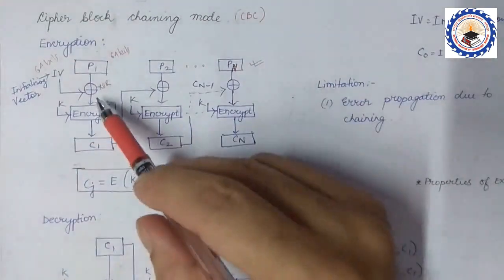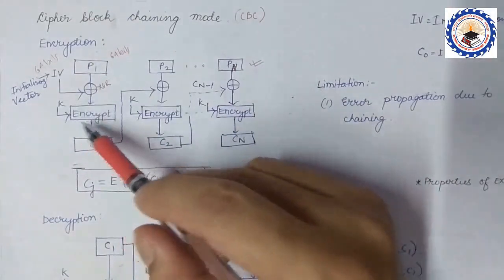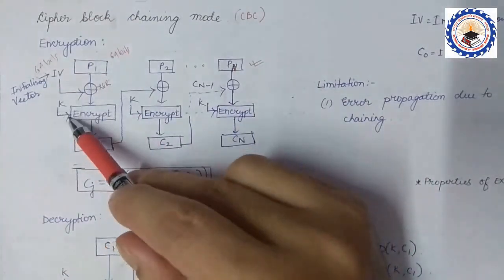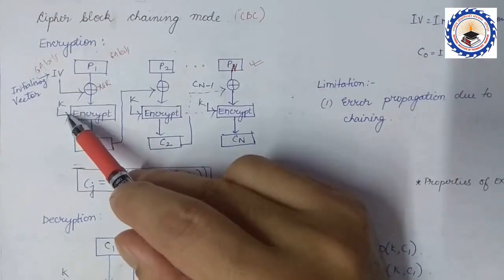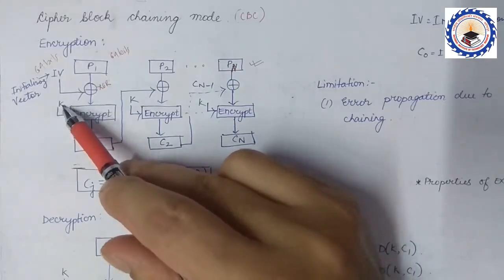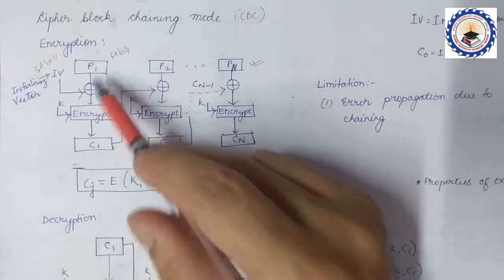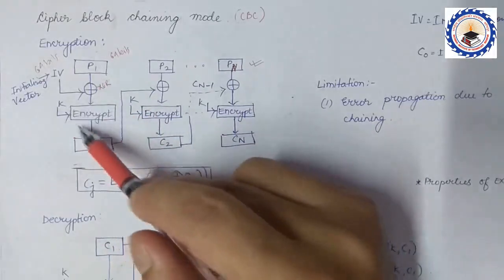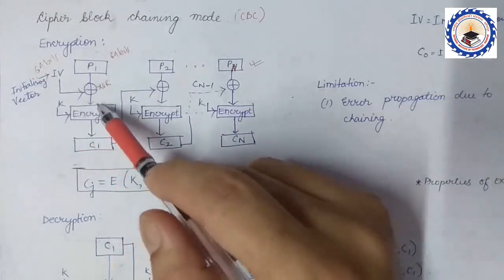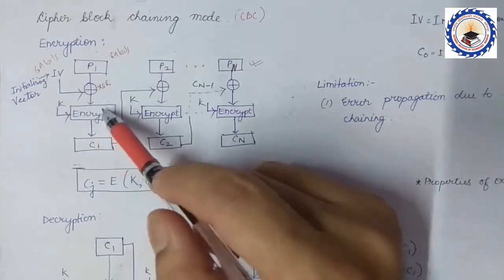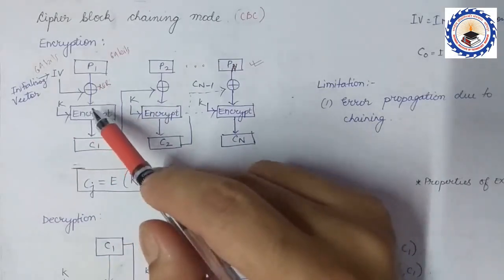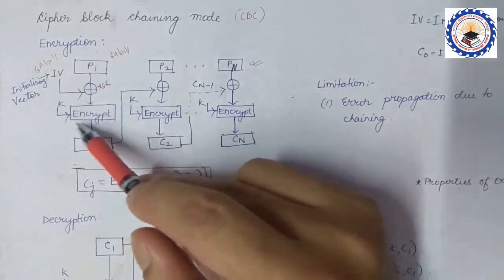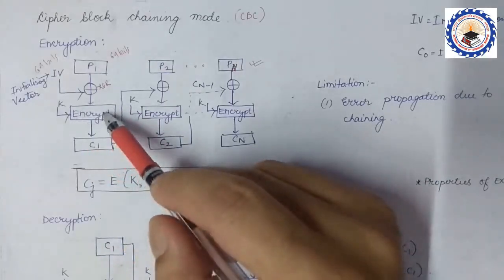Then, by performing an encryption algorithm, we use a particular key. The size of the key is the same as that of the plain text block. Then we perform the encryption, with certain transformation mechanisms such as addition, multiplication, or any other algorithms running inside the encryption algorithm.